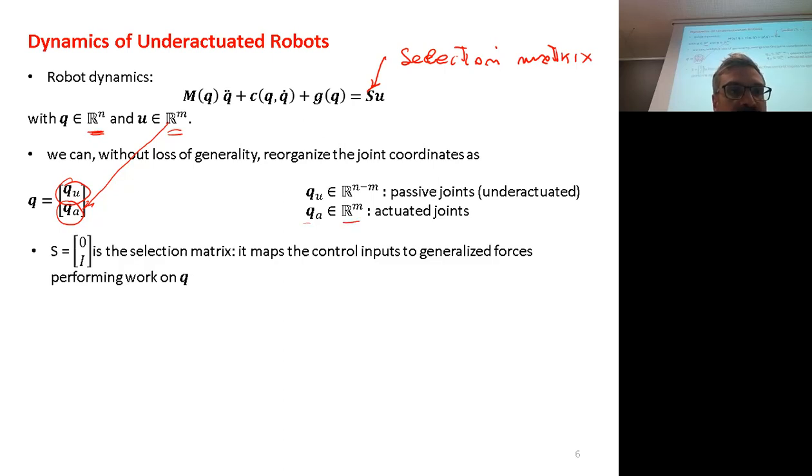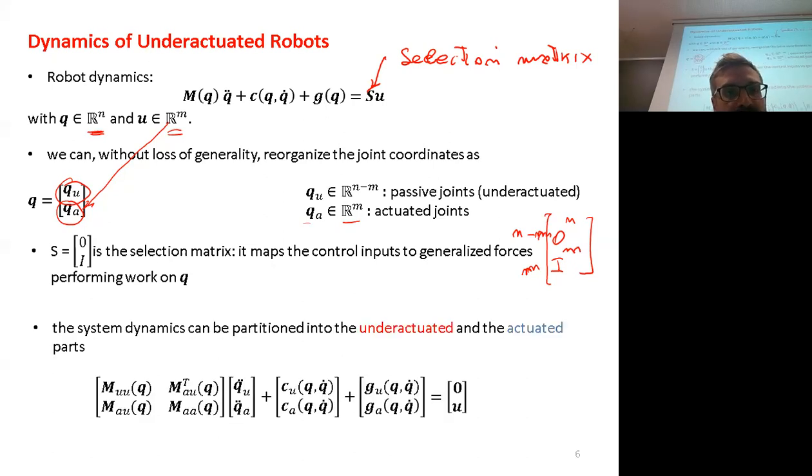And the selection matrix maps the control input to the generalized forces. So you have a zero matrix that is (n-m) times m, and you have an identity matrix, m times m.